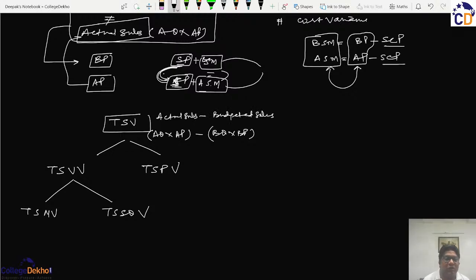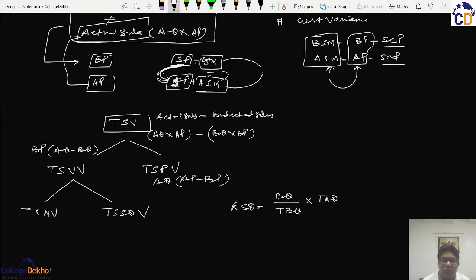The volume variance was the difference of actual quantity and budgeted quantity multiplied by the budgeted price, and the price variance was the difference of actual price and budgeted price multiplied by the actual quantity sold. In these variances, we developed the concept of revised standard quantity, which is the budgeted quantity upon total budgeted quantity multiplied by the total actual quantity.